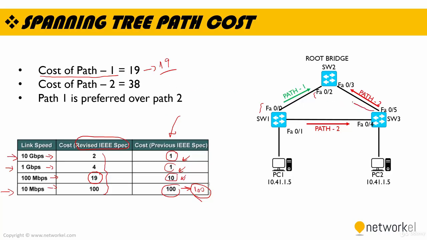We have 2 fast Ethernet links together, and we have another 2 fast Ethernet links together, which means we have a cost value of 19 for both, and the whole cost value of path 2 is 38. So path 1 is preferred over path 2.